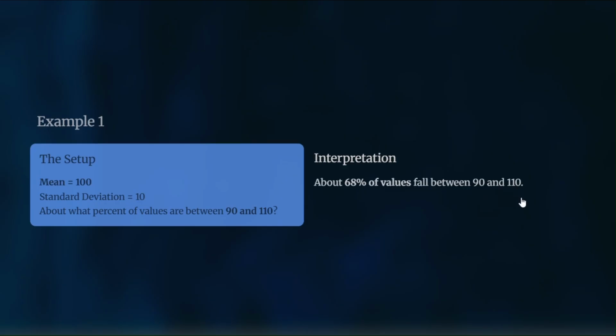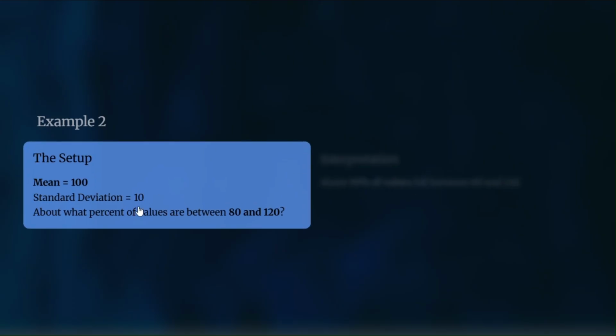Now, if we have the same mean 100 and standard deviation 10, the question asks about what percent of values are between 80 and 120. So since our standard deviation is 10, 80 is 2 standard deviations below the mean. If we do 100 minus 2 times 10, that will be 80.